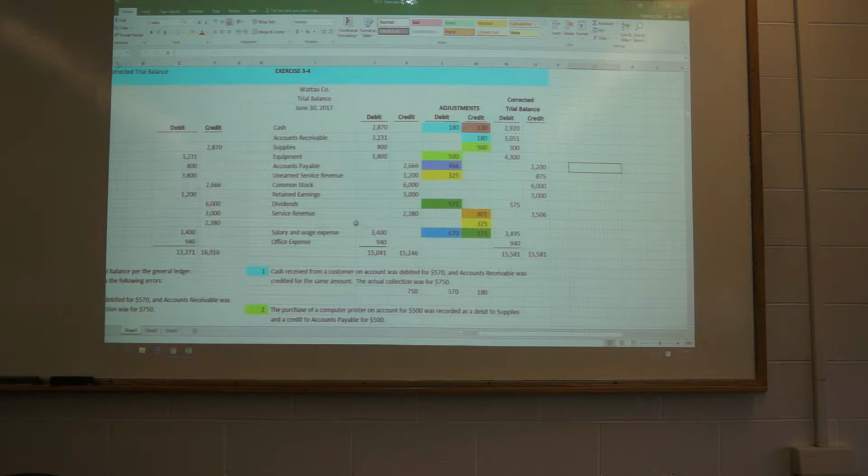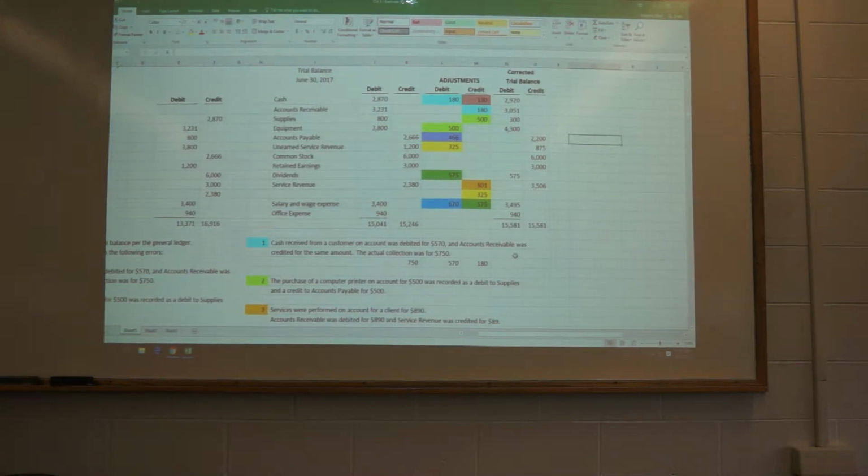So we start out, cash received was debited for 570, and the actual collection was 750, so we have to make a change of 180, so you're debiting cash and crediting the accounts receivable. A computer for number 2 was purchased on account, but was recorded as a debit to supplies.